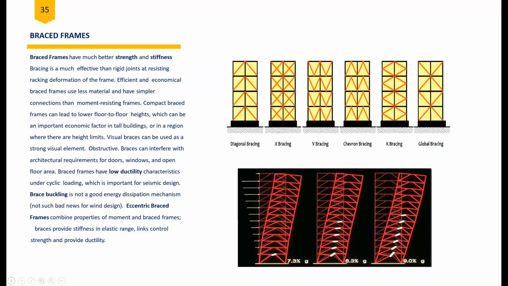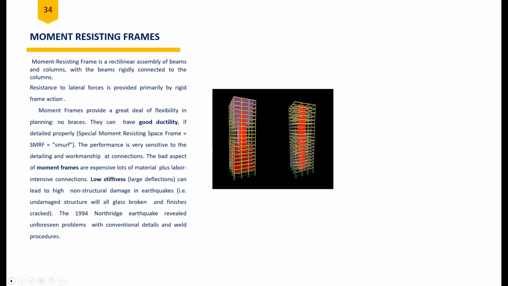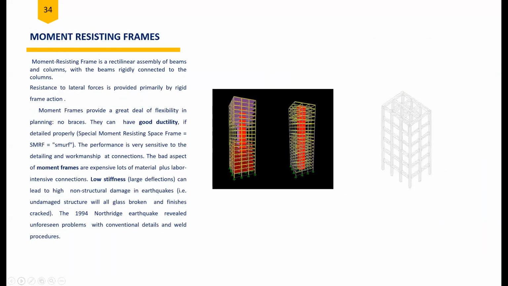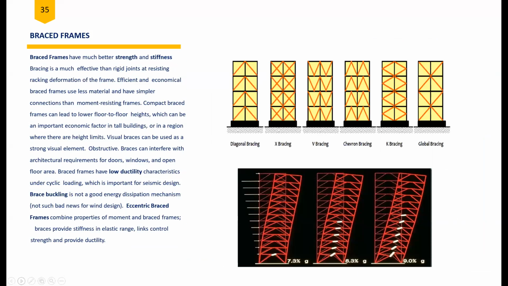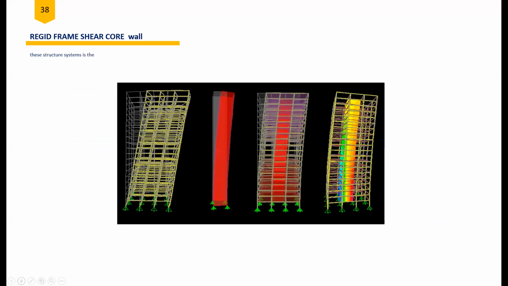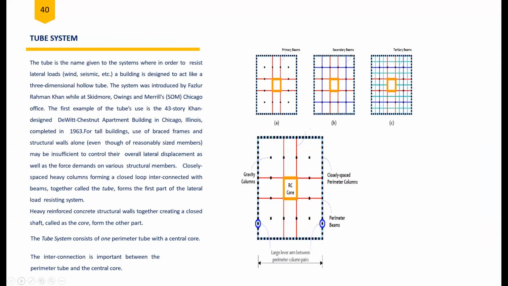First, based on the response of the structure, we have the moment resisting frame, with beam, column, and shear wall system, which we have already designed up to G plus 25. Now we have the brace frame, which we will learn, and we have this type of brace frame. We also have the tube system, tube in tube.